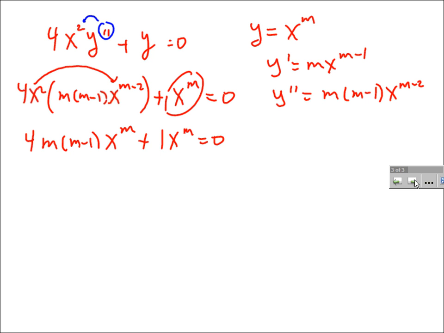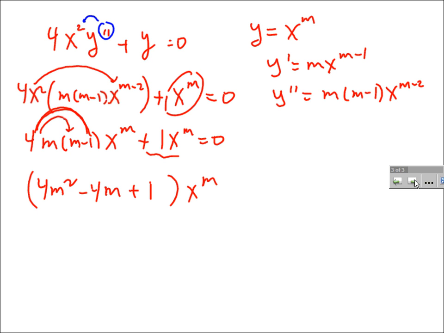When you combine these, or if we distribute first, you have 4m squared minus 4m x to the m. What's in that bracket is how many x to the m's we have. And then we add one more. So that is how many x to the m's we have.